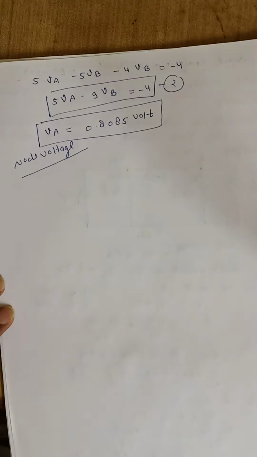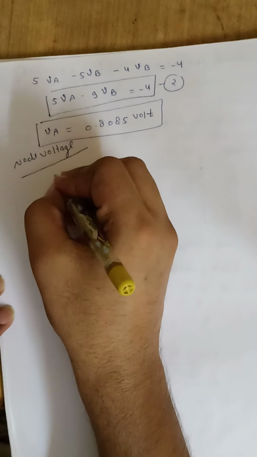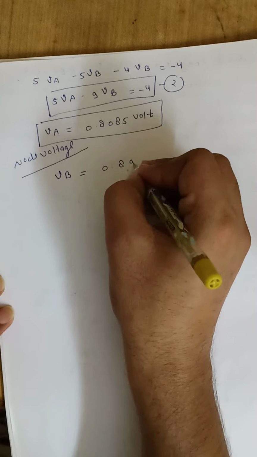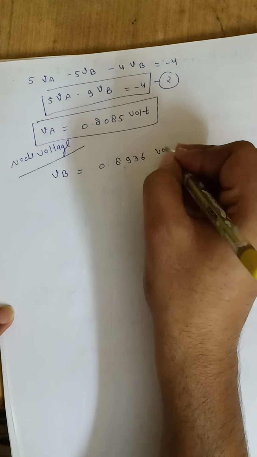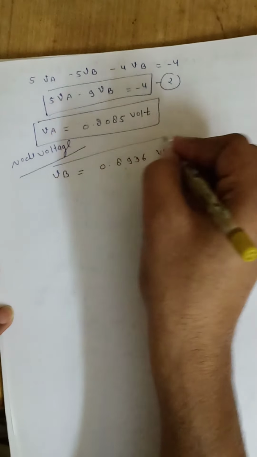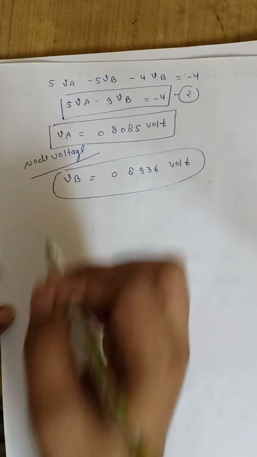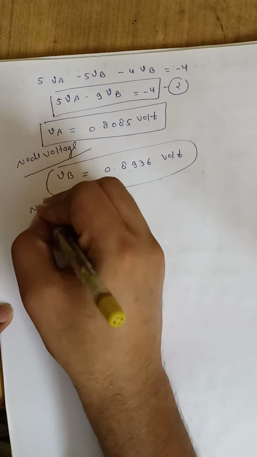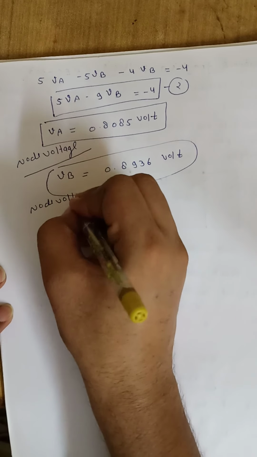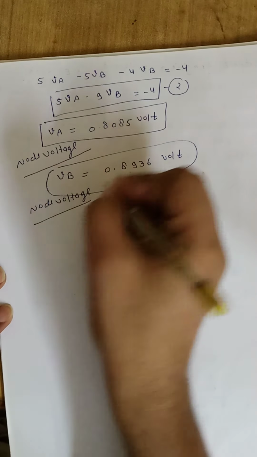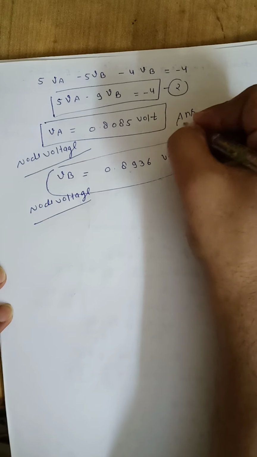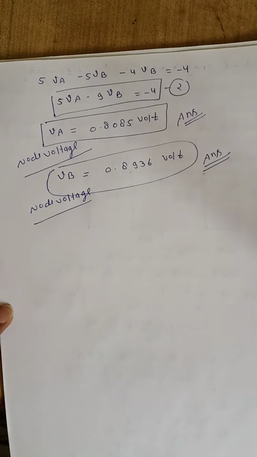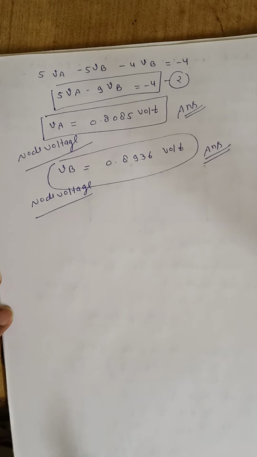We also have VB, it is 0.8936 volt. This is also a node voltage, or potential at node B. So this is my answer for the node voltages VA and VB.